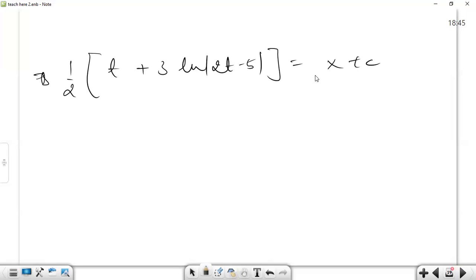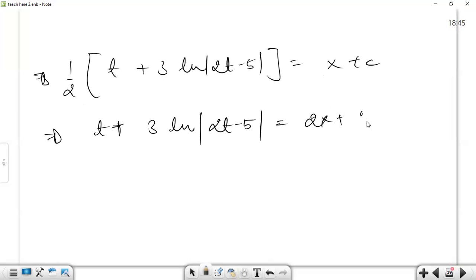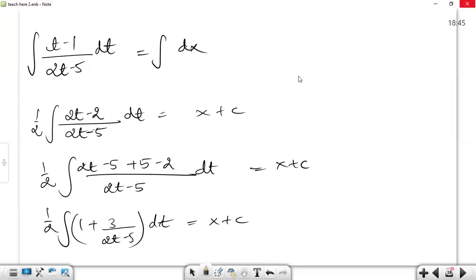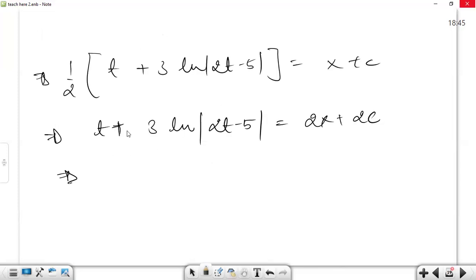Okay, so let's try to simplify the answer. 3 ln of (2t minus 5) is equal to, bringing the 2 to the right hand side, 2x plus 2c, minus t. So simply we can write it like this, but t has a substituted value. What was t? t was x minus y.